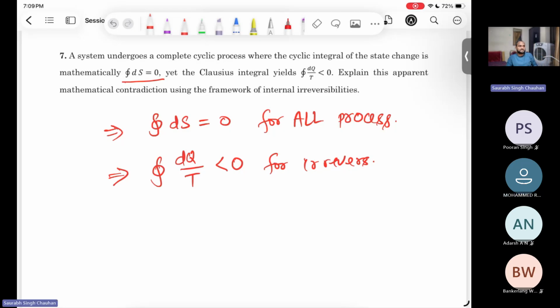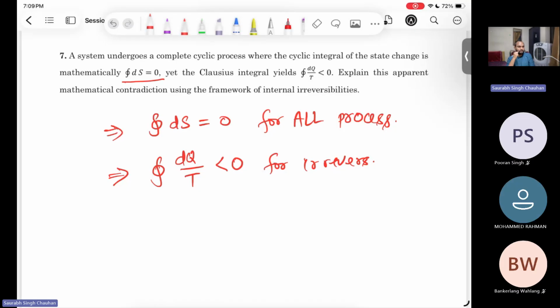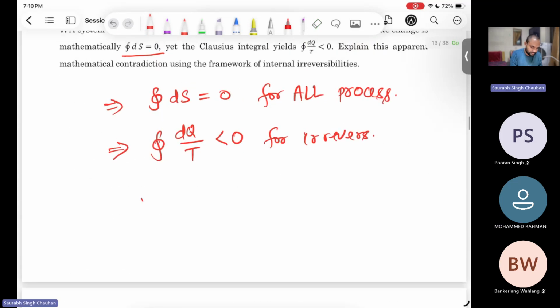Yes, there is no contradiction, right? Because both of these are different quantities. For reversible processes, ds will be equal to dq by t, but for irreversible processes, it is not true. There is no contradiction.